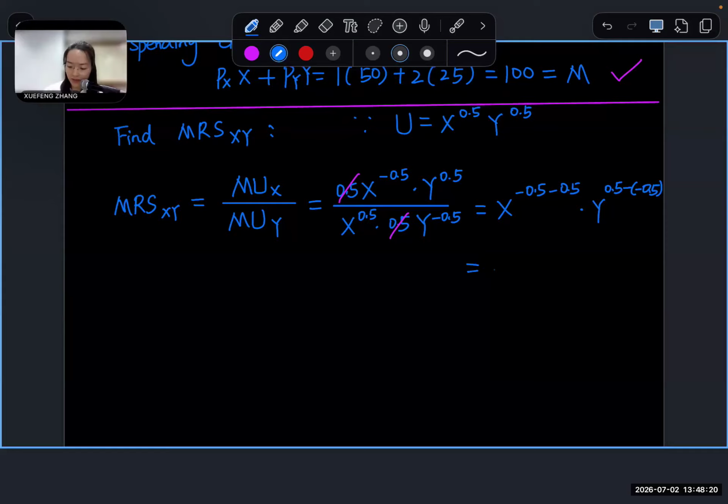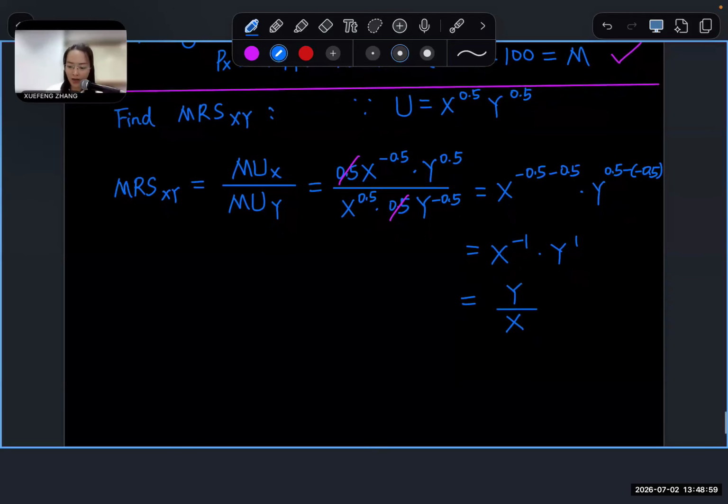That means for X the power is negative 1, and for Y the power is positive 1. If X has power negative 1, we can write it in the denominator. So X is in the denominator, and Y is the numerator.